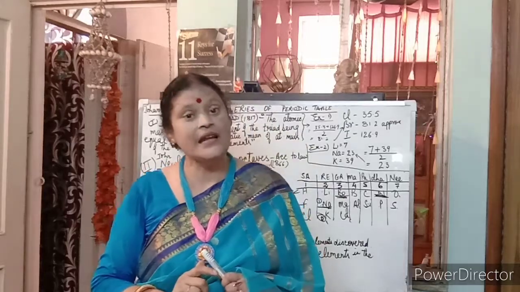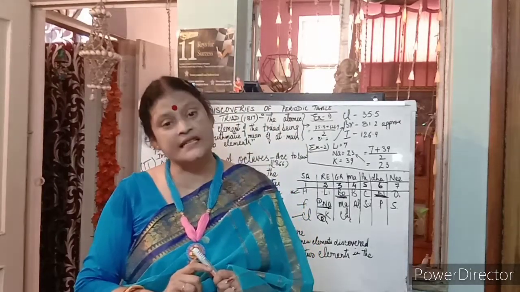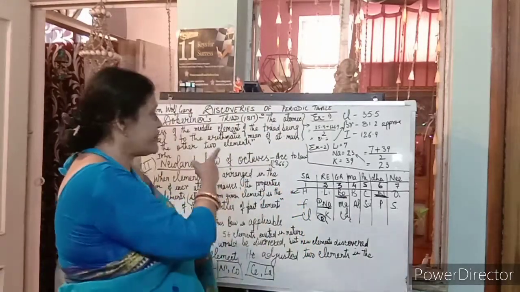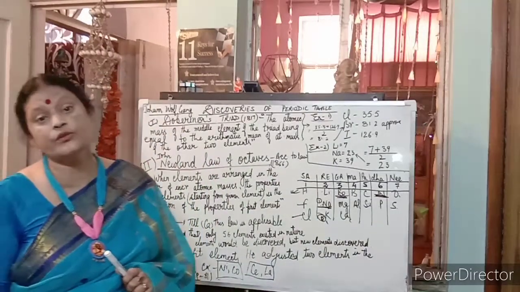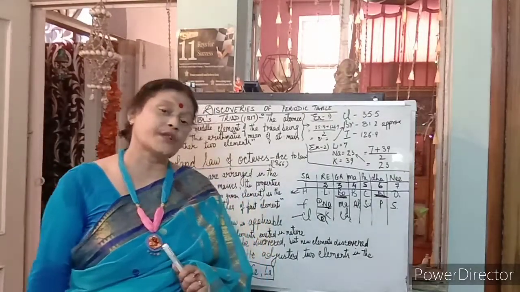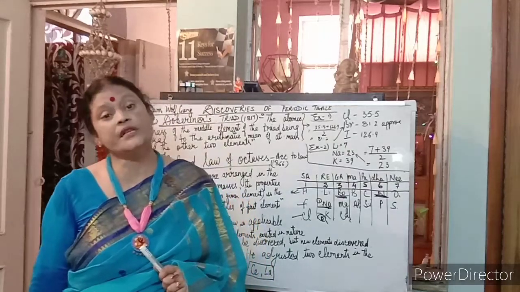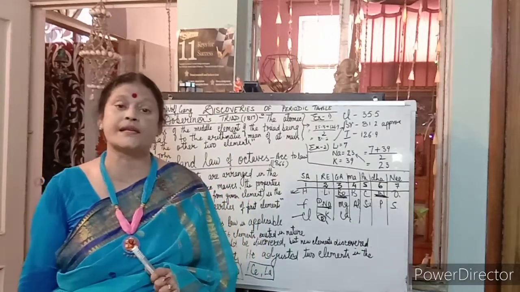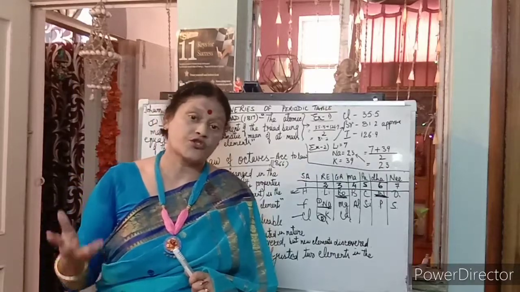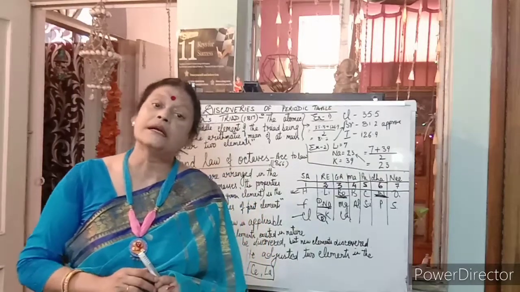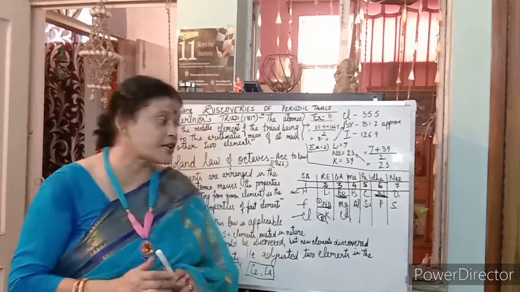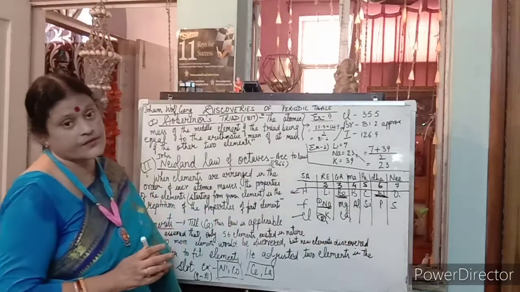Yes, so Newlands, and what is his disadvantage? His demerit was that he could not make more than 2 or 3 triads. Now there are again the drawbacks, demerits or anomalies, you can say, of Newlands. A question may come: what are the demerits or disadvantages of Newlands' law of octaves?